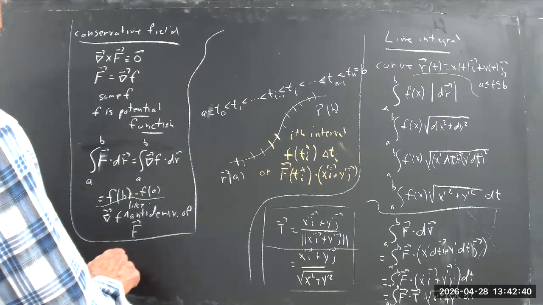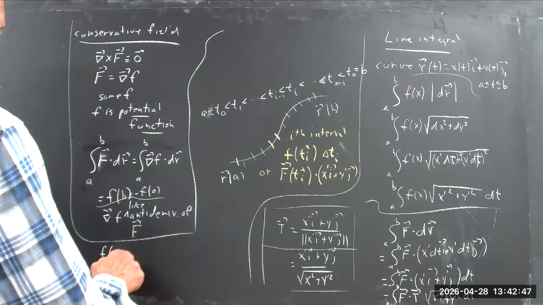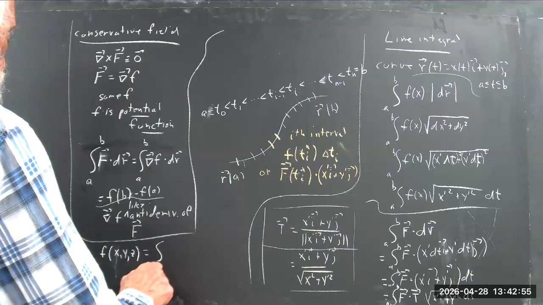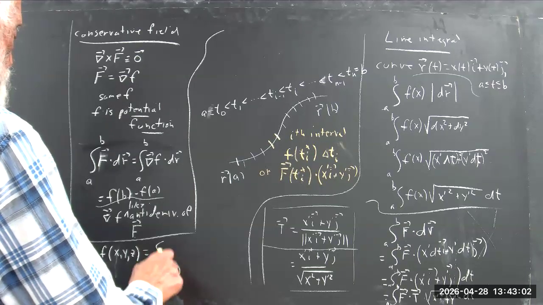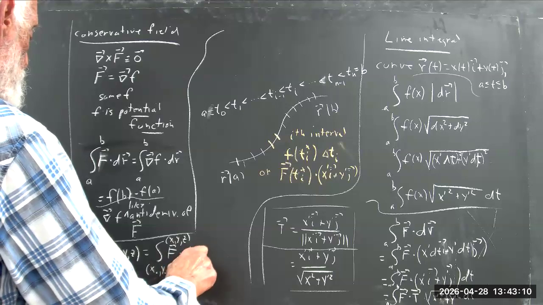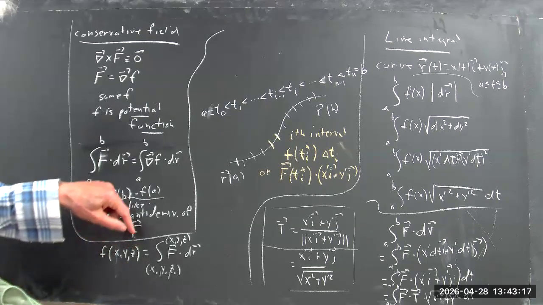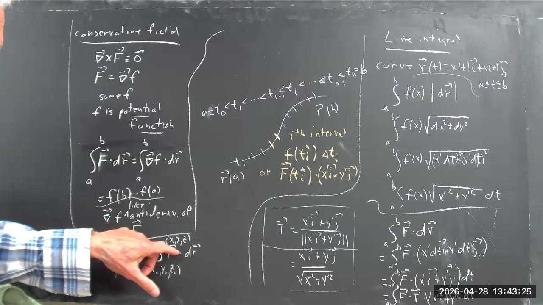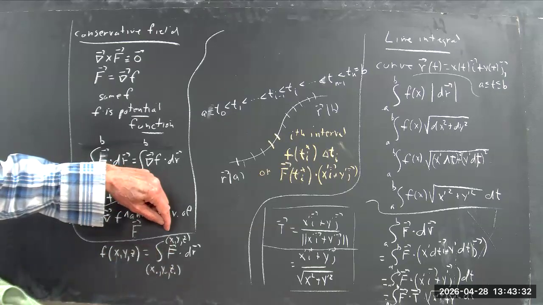Also, f of x, y, z can be obtained. You can actually get a formula for f of x, y, z if you integrate your vector field big F dot dr from some fixed point, which I call x naught, y naught, z naught, to the arbitrary point x, y, z.